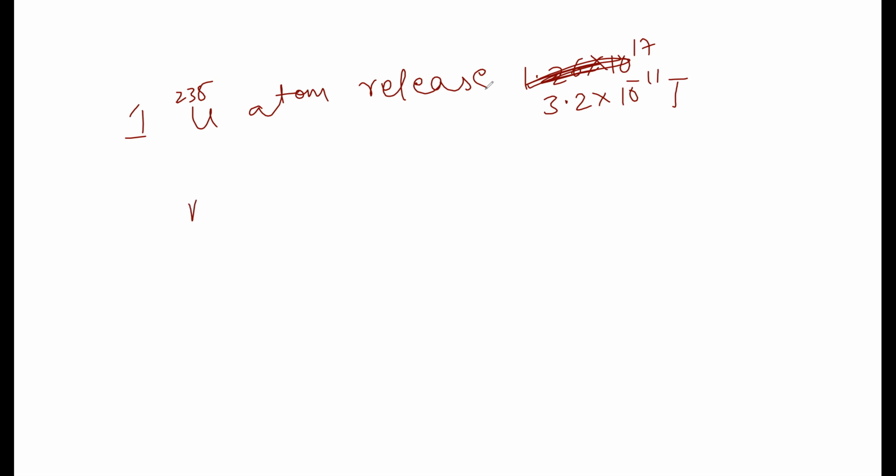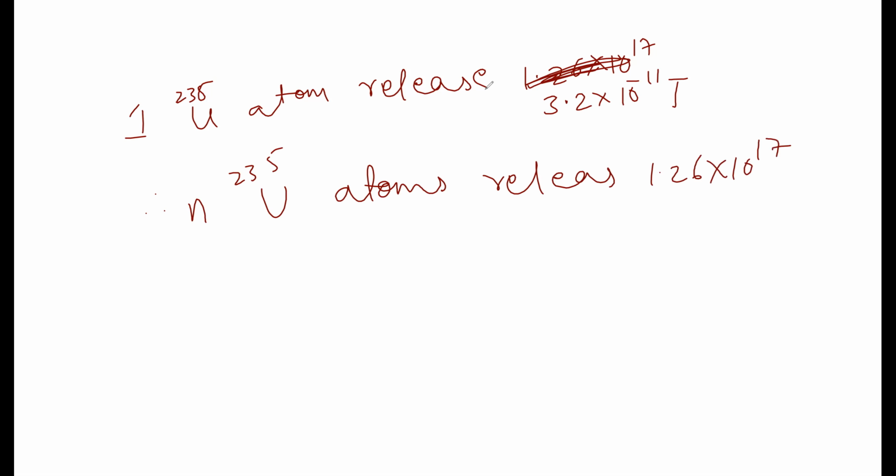So let us see how many n number of uranium-235 atoms release 1.26 into 10 to the power of 17. So, n number of uranium-235 undergoes fission in T seconds. It is calculated by cross multiplication: 1.26 into 10 to the power of 17 divided by 3.2 into 10 to the power of minus 11.